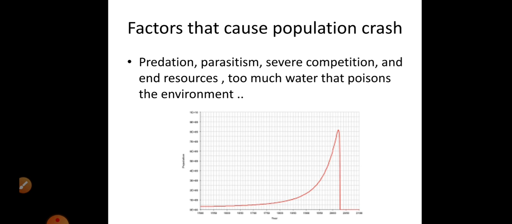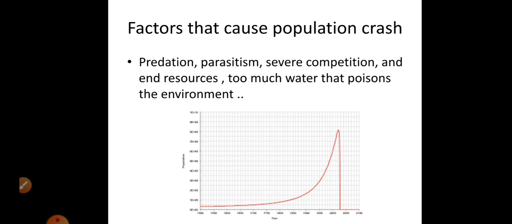The factors that cause the population crash. As the population grows, it could reach the carrying capacity for the environment. Once they exceed this carrying capacity, the population will start to crash. Why would the population crash?